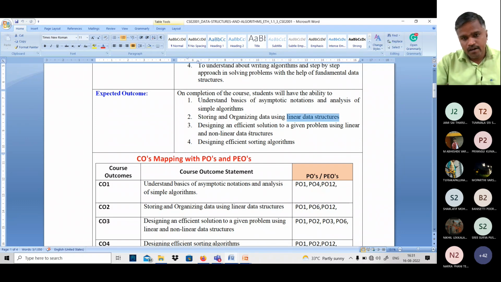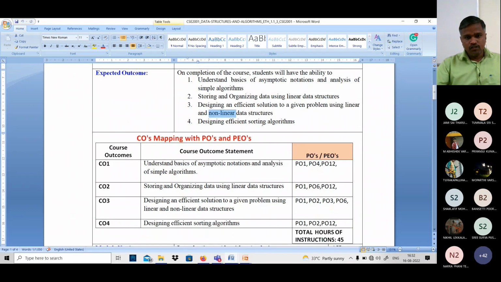The second course outcome is related to getting the knowledge by using linear data structures. And the third one, you can design the algorithm to solve complex problems using linear data structures or non-linear data structures. So this is the third outcome. The linear data structures, I already told you, are array, stack, queue, linked list, and the non-linear data structures are trees and graphs.